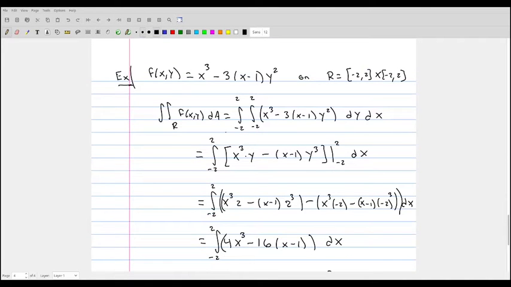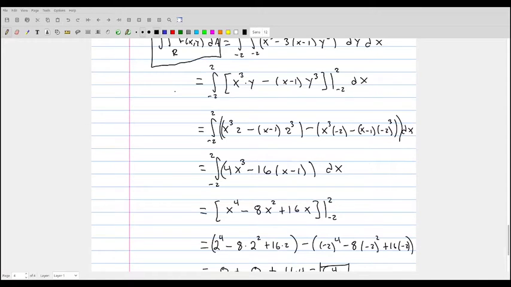So the integral of this function over the rectangular domain from -2 to 2 is exactly equal to 64.